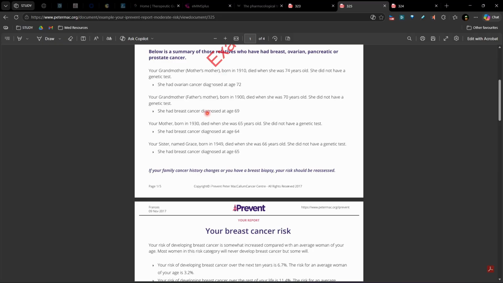There's no history of Ashkenazi Jewish ancestry, and there isn't another family member on the same side of the family with breast cancer. So she's had 2 on her mom's side, which is her mom and her sister, but the other person who has breast cancer in the family is on the father's side. So there isn't 3 on the same side. There is 2 on the mom and 1 on the dad's side, and so that doesn't qualify her to be in the high risk category.